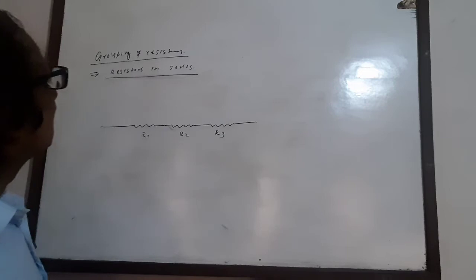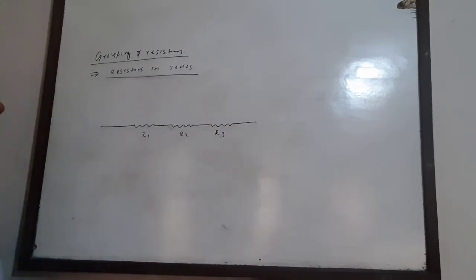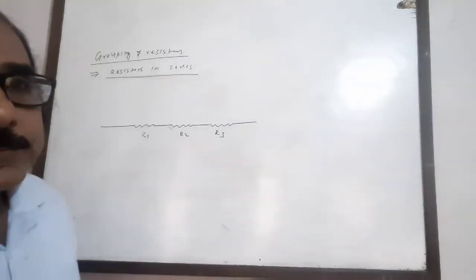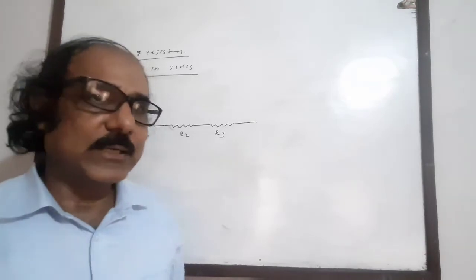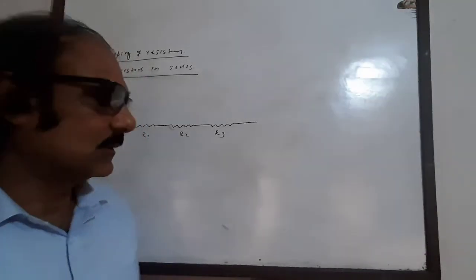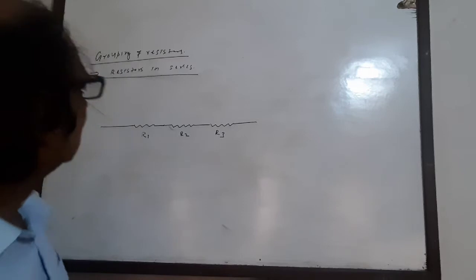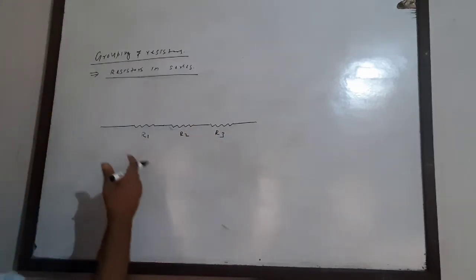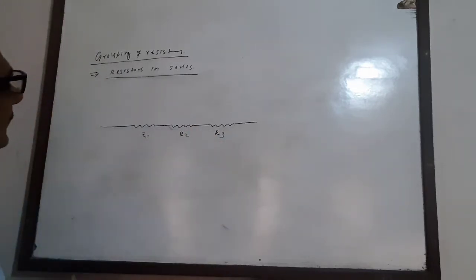Such a grouping of resistors is said to be resistors in series, and it is also defined as the same amount of current passing through all resistors.